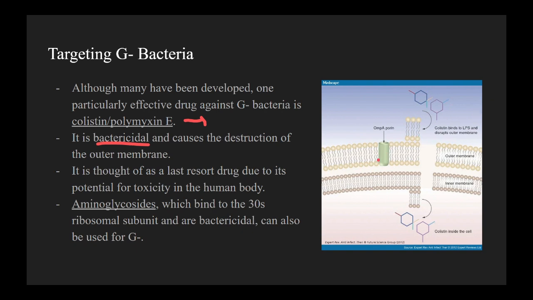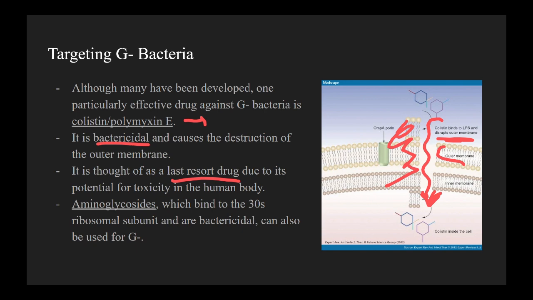So the membrane itself is disrupted, so this stuff is all broken, which means that this antibiotic can get in here a lot easier. And this is actually what's called a last resort drug because there's some potential for it to be toxic for the kidneys in the human body. So when everything else doesn't work, this is the last thing you go to, and this will pretty much work every time for gram-negative infections.